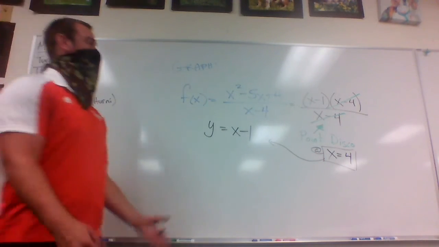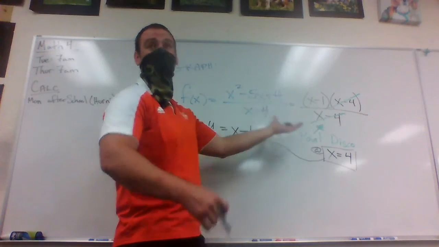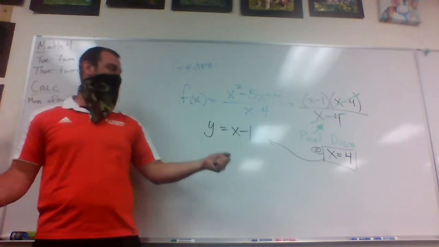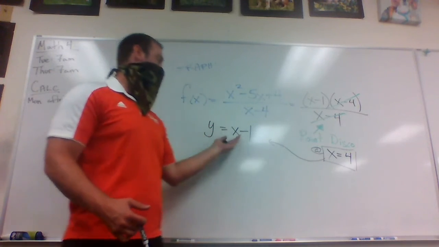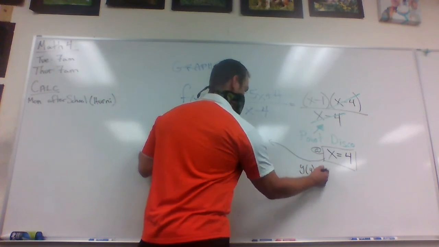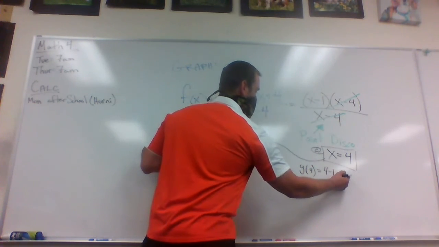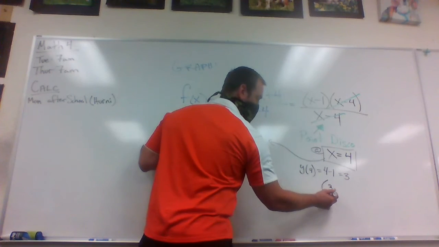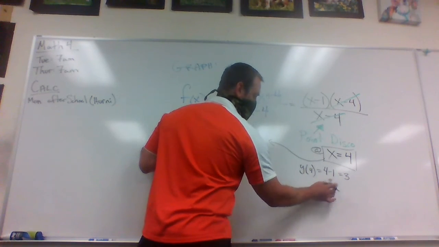If we plug it into our original, we're going to get 0 over 0, which is not helpful. So we want to plug this into whatever's left. This will be kind of like y of 4 equals 4 minus 1. So our point disco is really going to be at (4, 3).